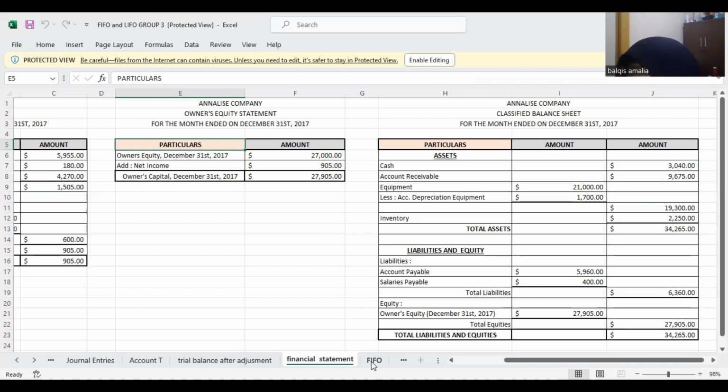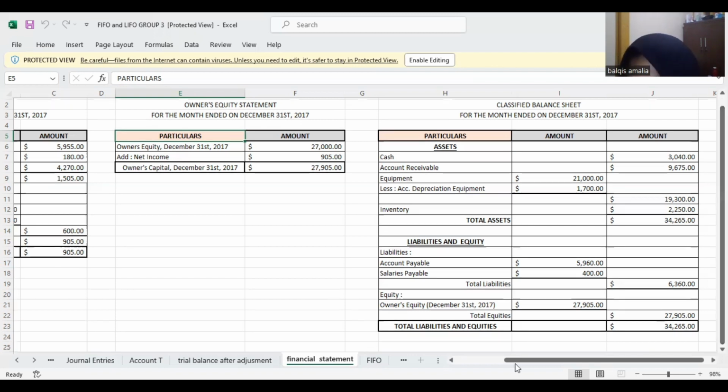The total for equities is $27,905. The total for liabilities and equities will be $34,265, and it's also balanced with the total assets. So the result for classified balance sheet, it's $34,265. That's all from me.